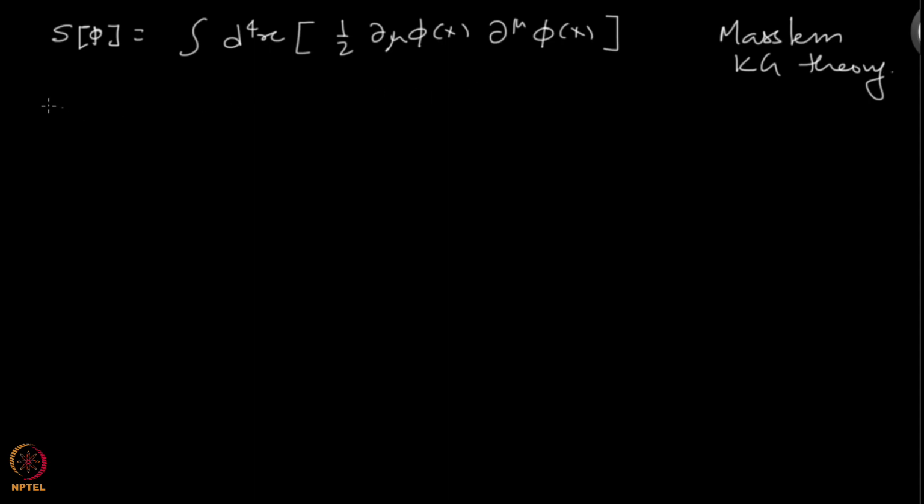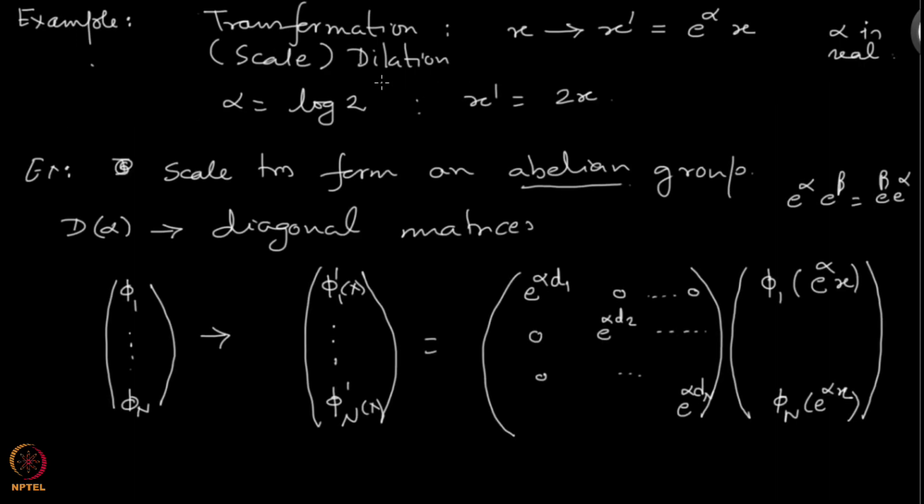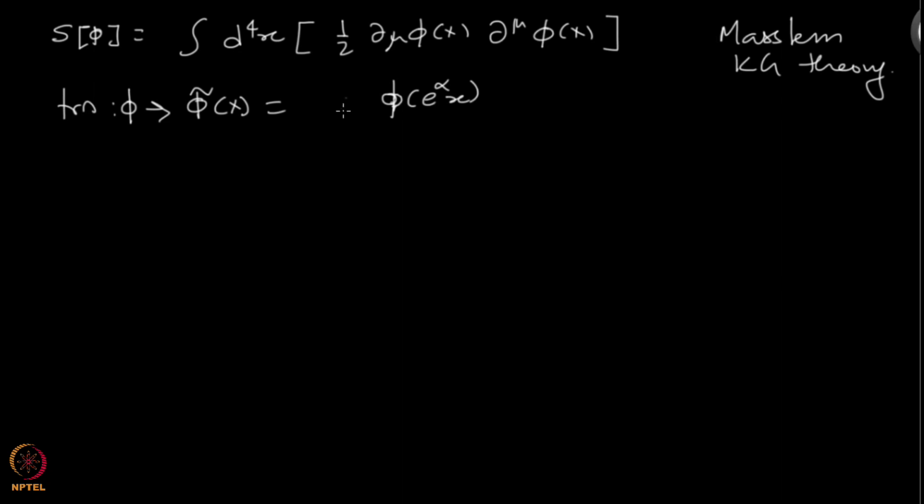Now we consider the transformation phi tilde of x equal to e to the alpha x. That's what happens to x, but the field itself changes because we have seen what the representations are. We know that phi 1 prime is e to the alpha d1 phi 1, so here I write e to the alpha d1. In fact, I will determine what d1 would be.